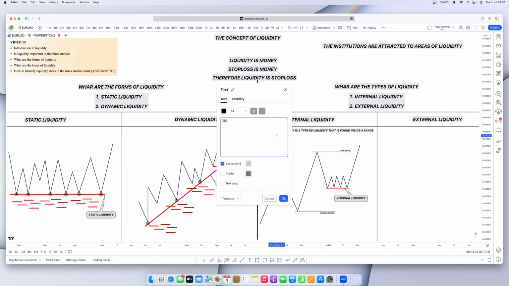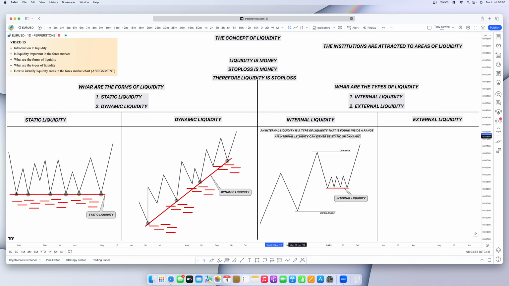You know what? Let me write it there. So an internal liquidity can either be static or dynamic. Exactly. So this is it. This is an internal liquidity. It is inside a range.